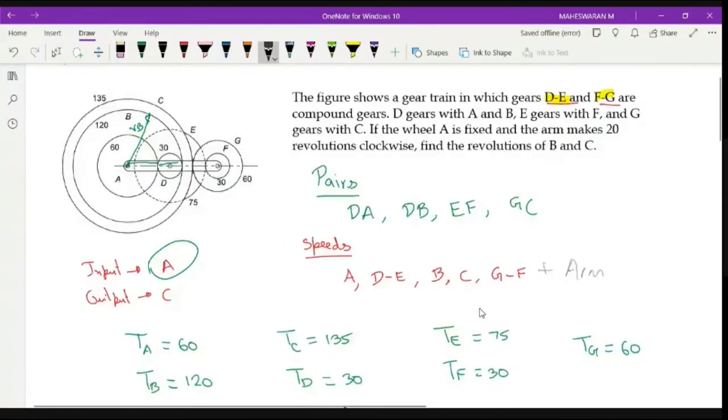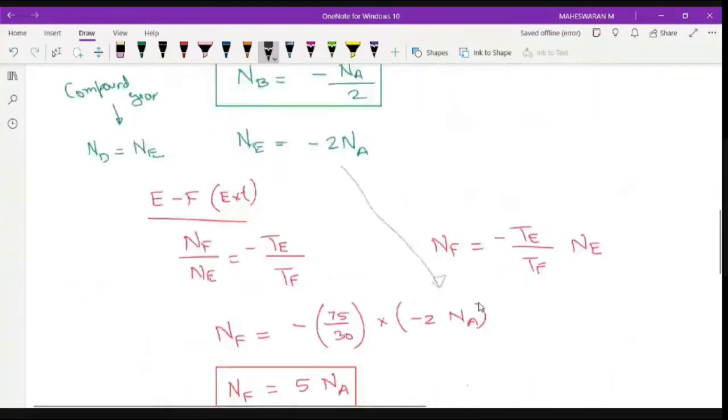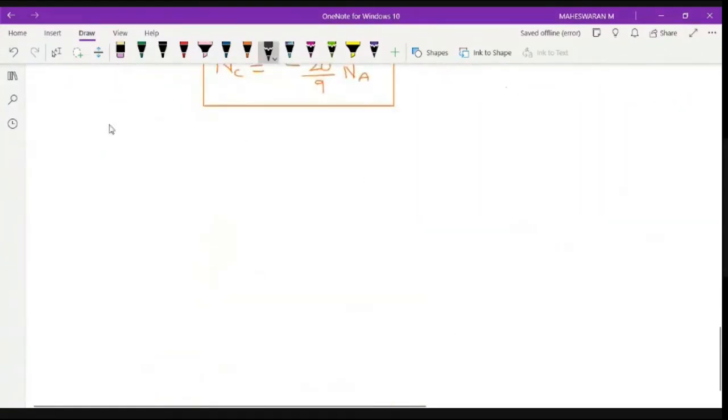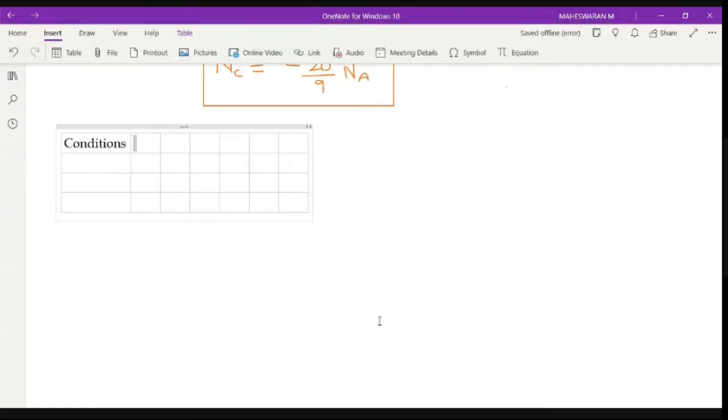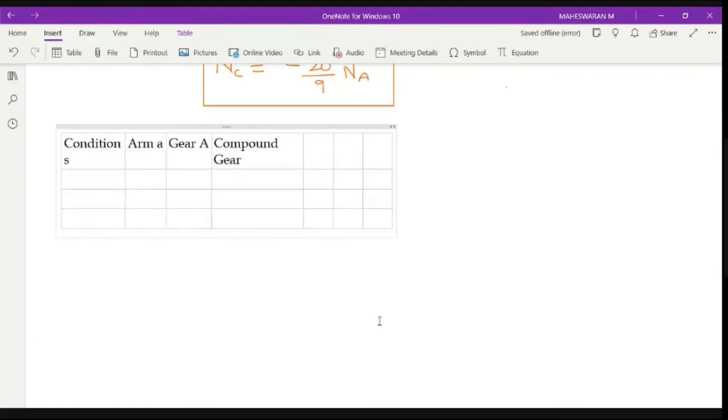Totally, I should have 7 columns, right? So let me create it. Next, arm. I will put small a for arm. Next, here capital A.